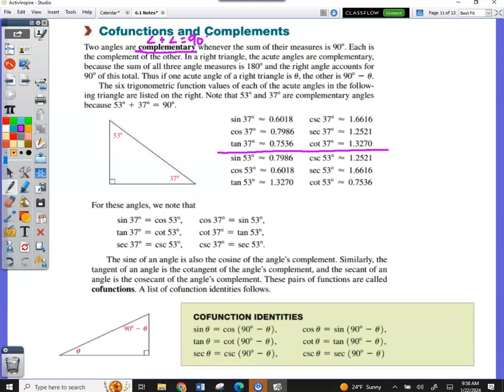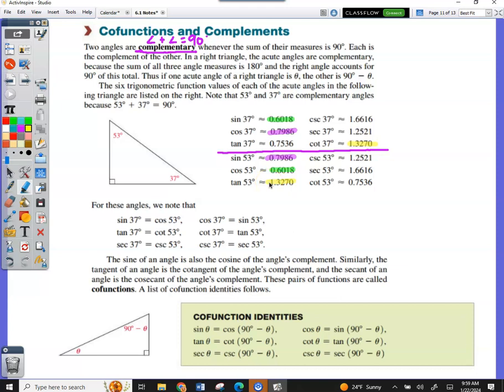You notice a few of them match? Let's just highlight a couple, because if we highlighted all of them, the whole thing would be highlighted. Where else do you see 0.6018? Where else do you see 0.7986? Where else do you see 1.3270?